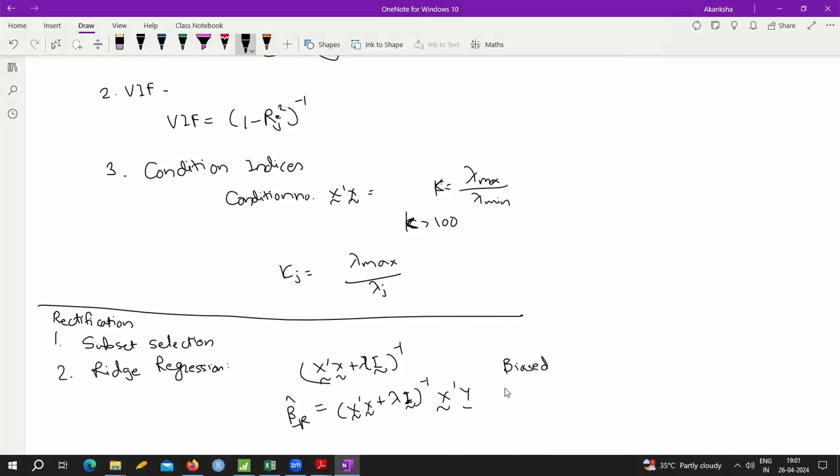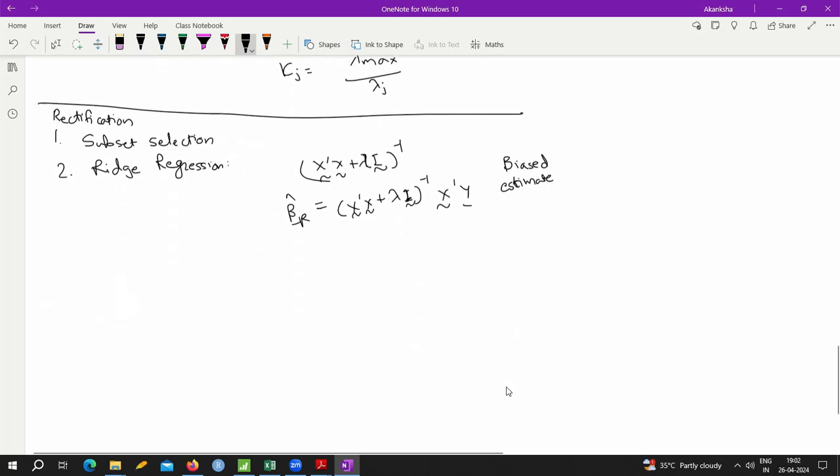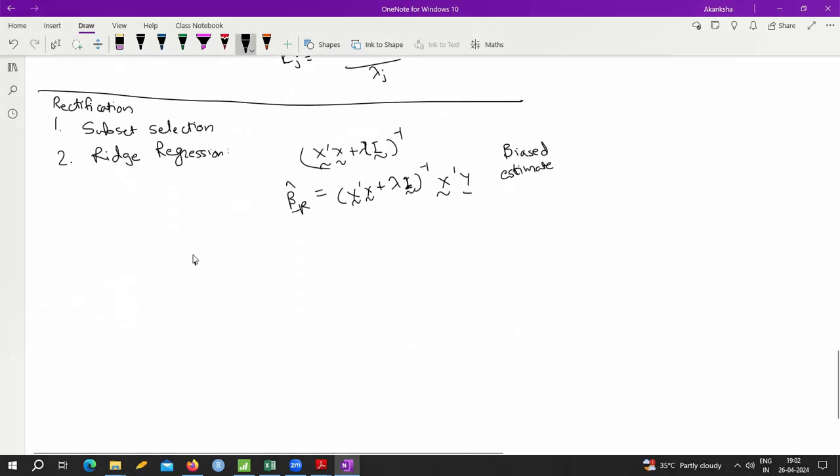Ridge estimate is a biased estimate, but still it is preferred because we said that multicollinearity is causing high variance in least square estimates. So in such a case, we are finally interested in minimizing MSE. MSE is variance plus bias square. So right now, least squares have high variance, hence it's a problem even though bias is 0.